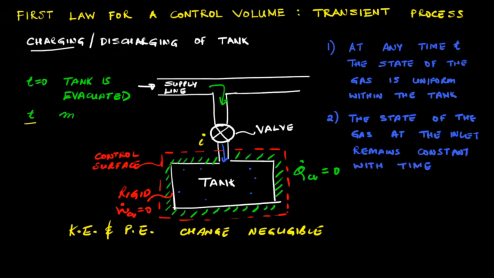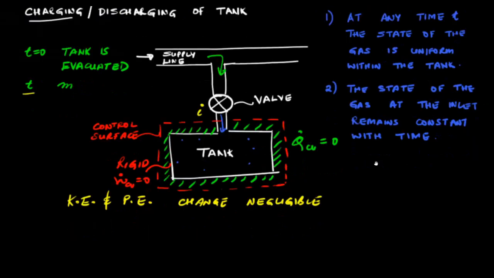That means any property that is evaluated for this inlet condition i is not going to change with time. So with these two simplifying assumptions, we can now apply the first law for the control volume to this process. So the first step is to apply conservation of mass.